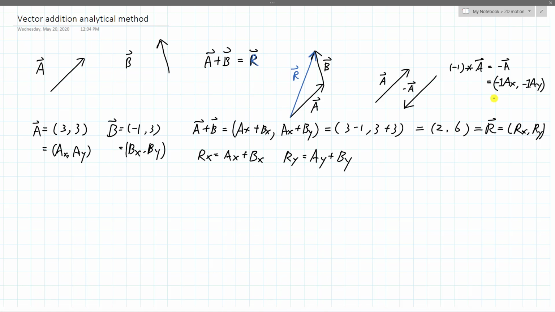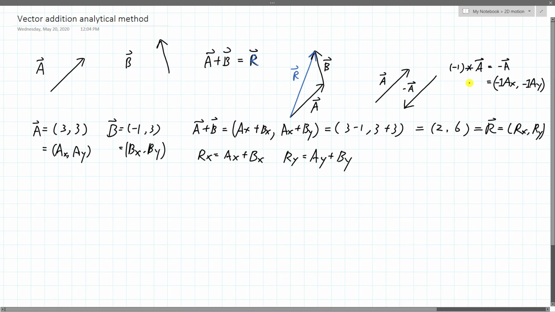So along this route, if I come over here and say s times A, s is a scalar, just a number. And what is s times A then? Well, that will be s times ax. So you scale the x component, and you also scale the y component the same way. So an example would be, say, 5 times this A that we just had.